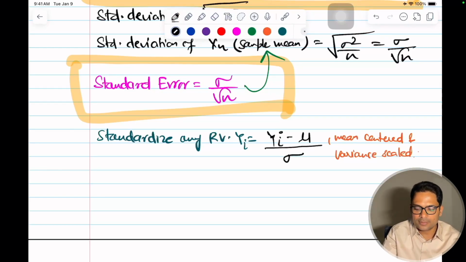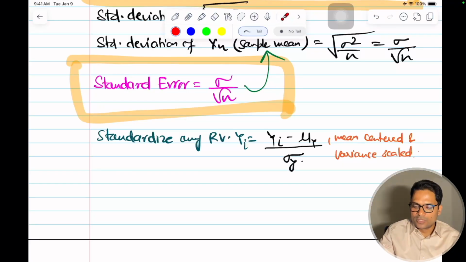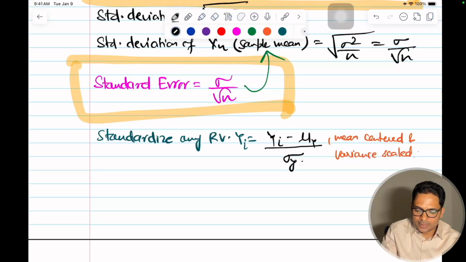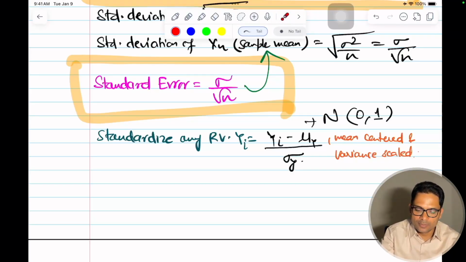So this will be yi minus mu y, whatever is the population mean of that, divided by sigma y. So this is mean centered. The mean will become 0 and the variance will become 1 because of this. And if it is coming from Gaussian, then this will become a Gaussian with mean 0 and variance 1.